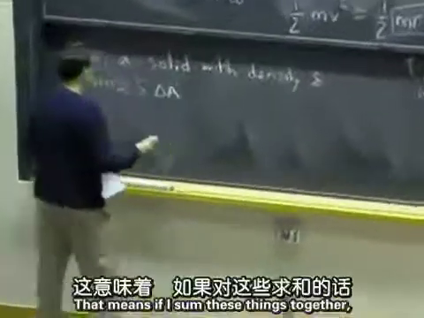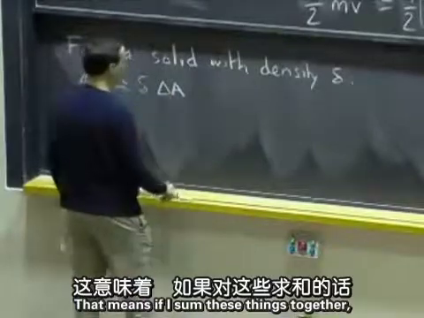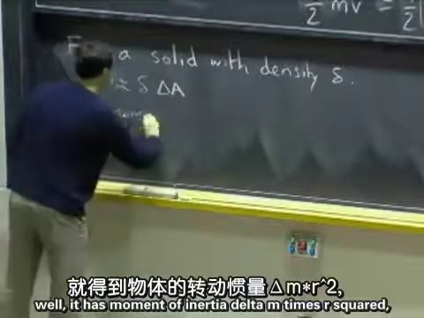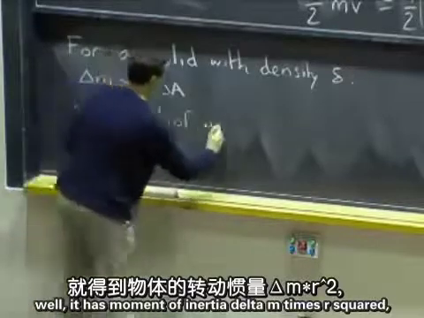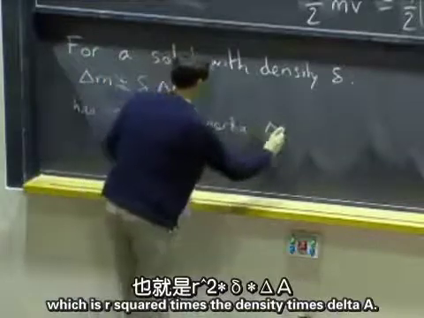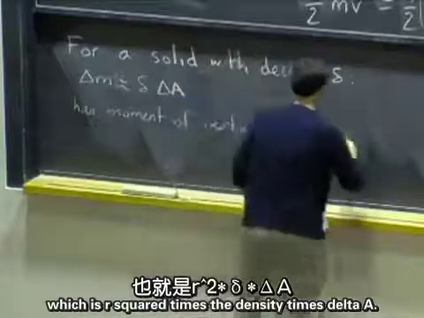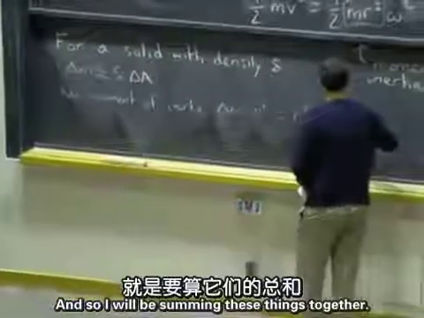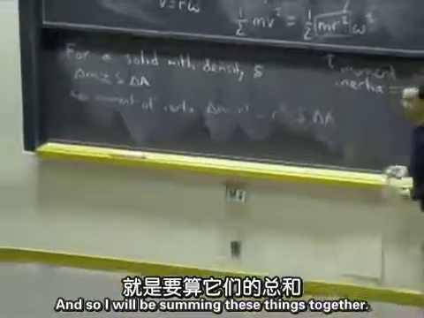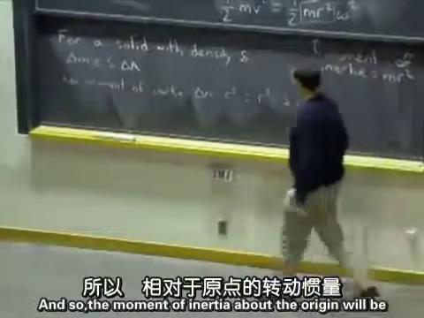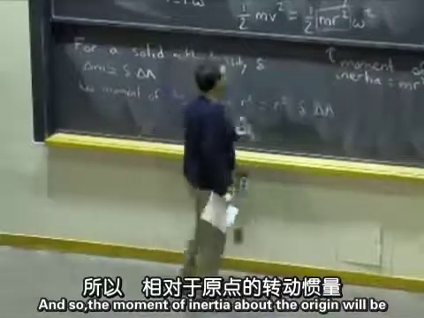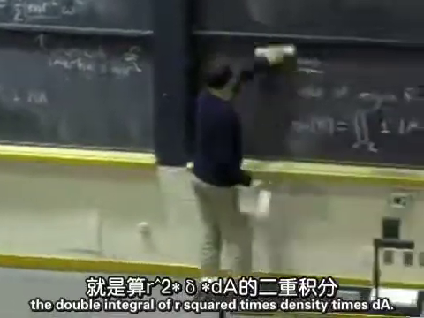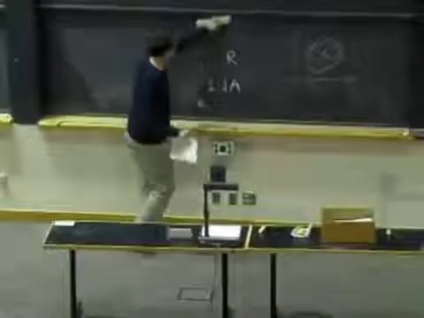So each piece has moment of inertia delta m times r squared, which is r squared times the density times delta A. And I will be summing these things together. And so the moment of inertia about the origin will be the double integral of r squared times density times dA.